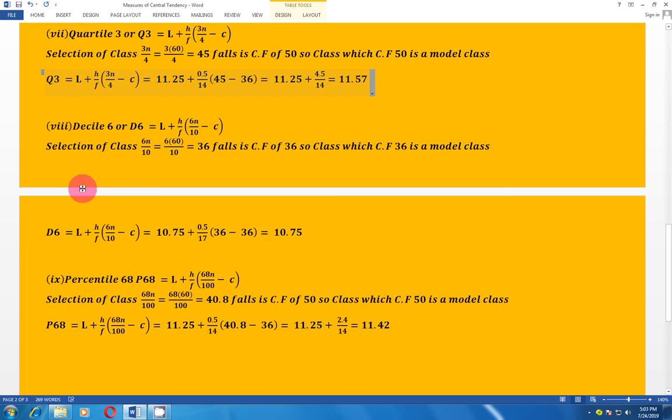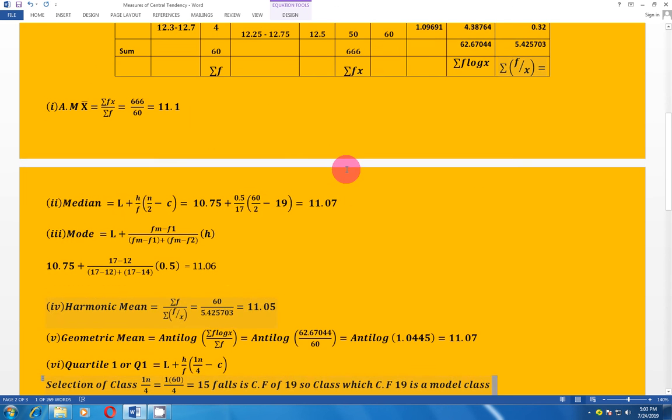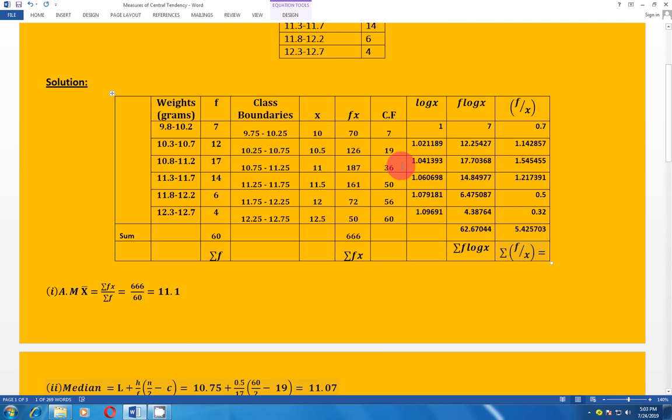Similarly, in the case of decile 6, first of all we locate the modal class through 6n by 10. So 60 multiplied by 6 is equal to 360 divided by 10 is equal to 36, which falls in the cumulative frequency of 36. So 36 is exactly here.